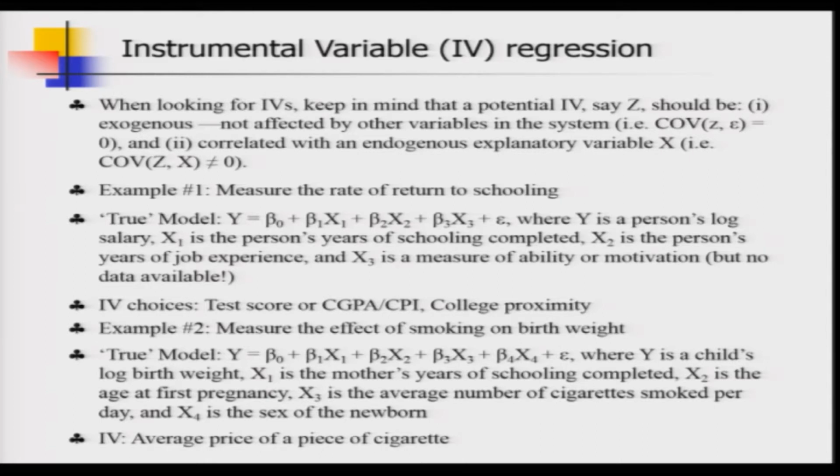We can express this condition by the statistical concept of covariance: the covariance between the proposed IV, variable z, and the error term epsilon should be equal to 0. And the second condition tells us that the proposed IV z should be correlated with an endogenous explanatory variable x. In statistical terms, the covariance between z and x should not be equal to 0.